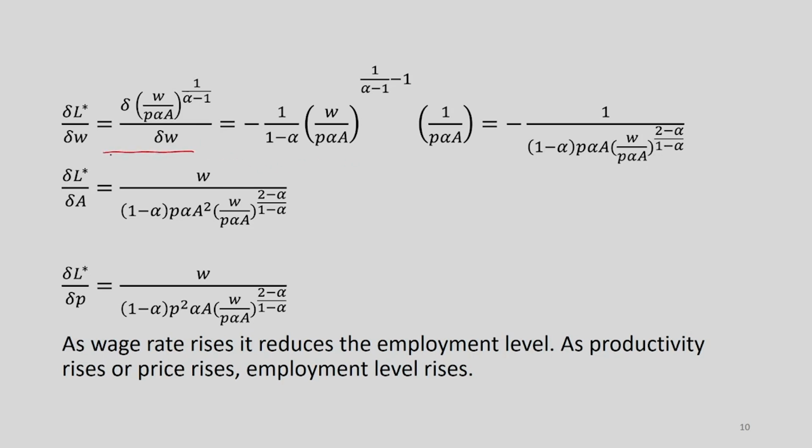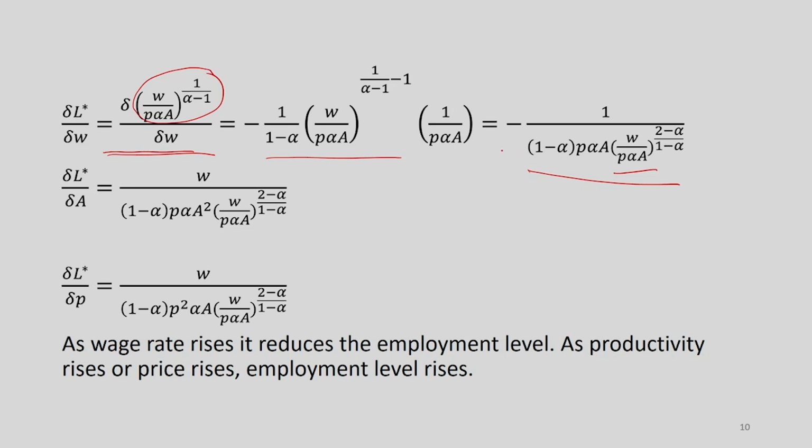I have to take the derivative with respect to W of this function, and after some steps it turns out to be this: minus 1 divided by 1 minus alpha, P alpha A multiplied by W divided by P alpha A to the power (2 minus alpha) divided by (1 minus alpha).